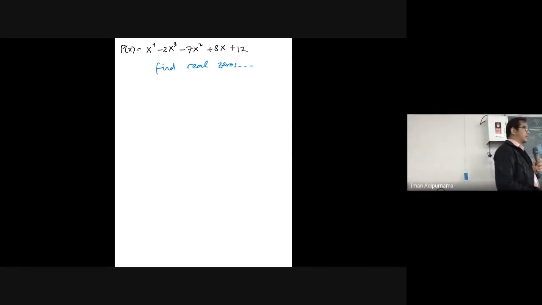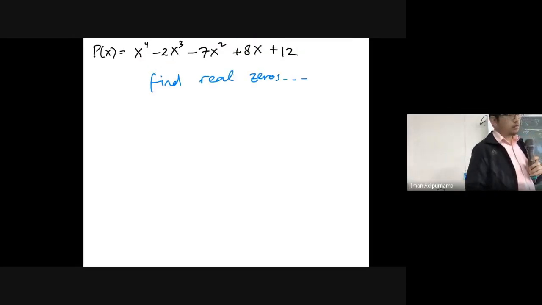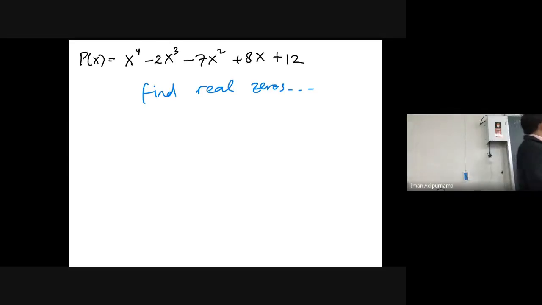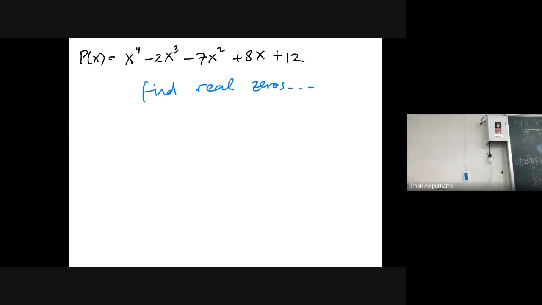I'll give you maybe 2-3 minutes to try and solve, to see if you are familiar with the method. So x to the fourth minus 2x cubed minus 7x squared plus 8x plus 12.